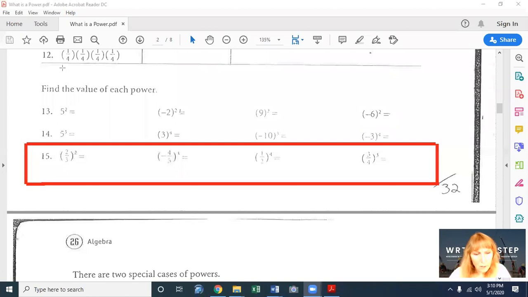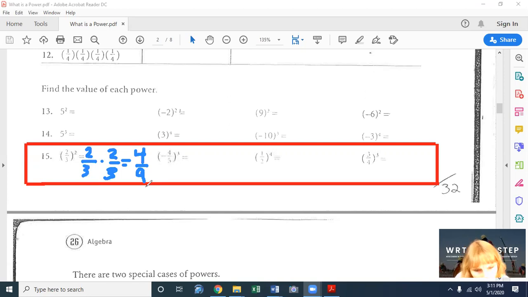That's the same as 2/3 times, I'm going to put a little dot for times, 2/3 times 2/3. You multiply across the top, 4. You multiply across the bottom, 9. 4 ninths is the value of that power.